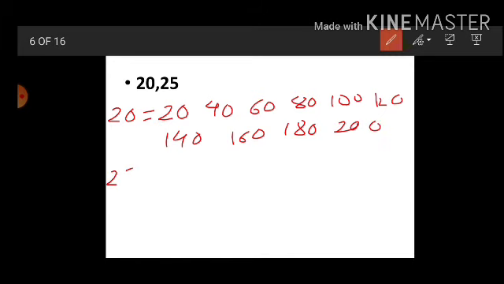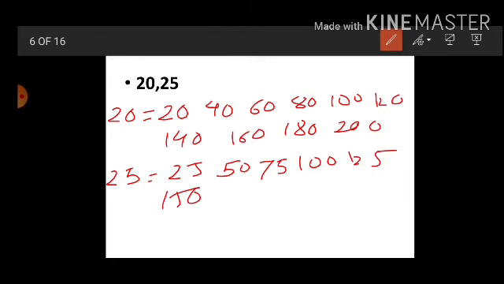And here 25. 25 ones are 25, 25 twos are 50, 25 threes are 75, 25 fours are 100, then 150, 175, 200, 225 and 250. These are the multiples of 25.